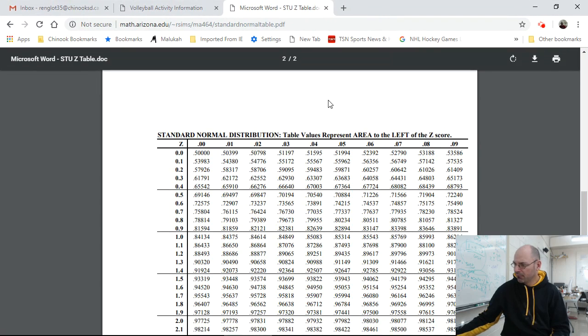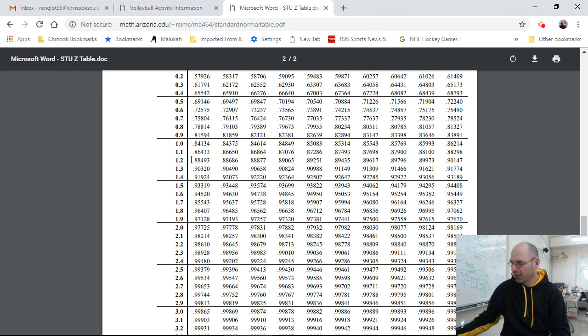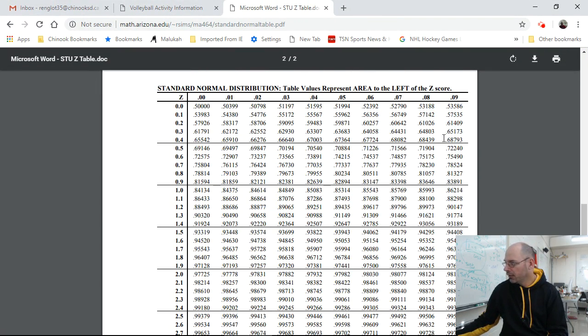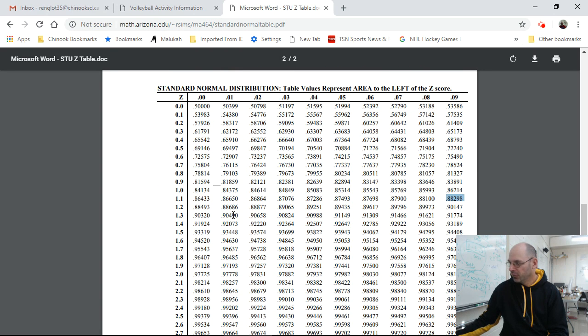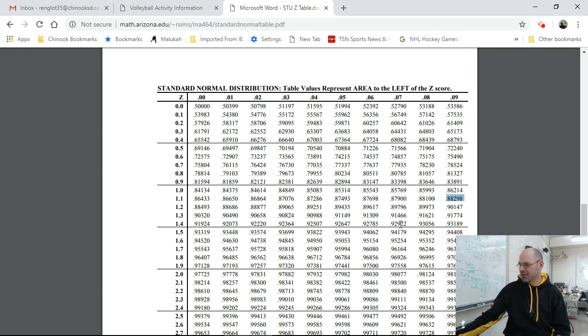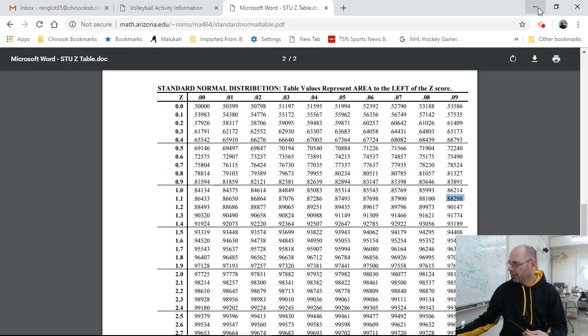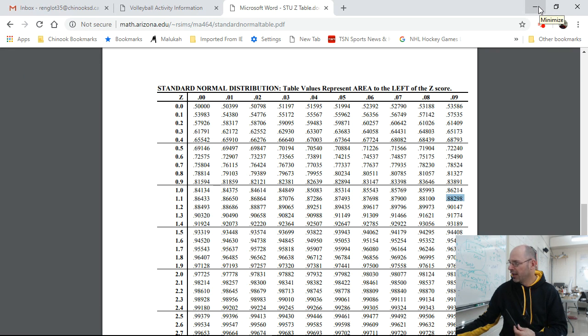All right, so let's look up on the table here 1.19. 1.19 is right here on this table. Okay, that's 1.19, sorry. Right there. 1.19 is 0.88298. That means 88.298% of the class. So 0.88298.